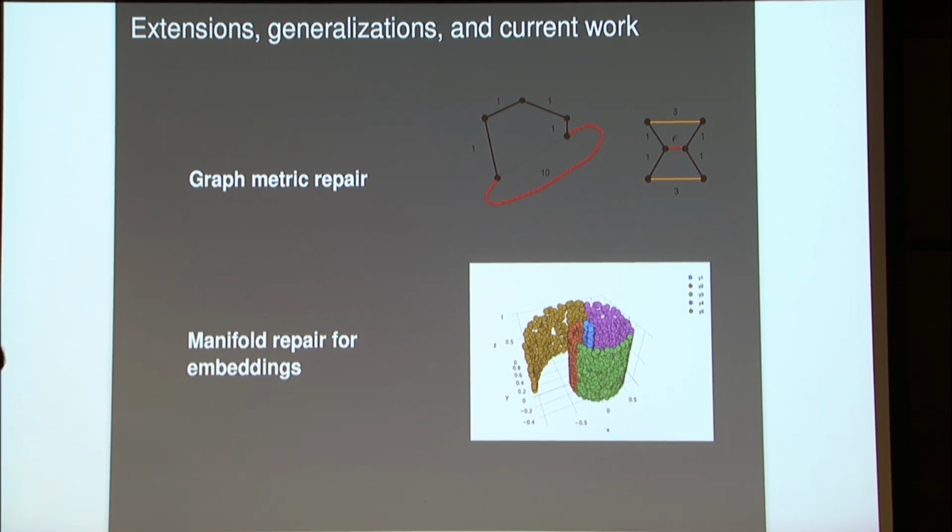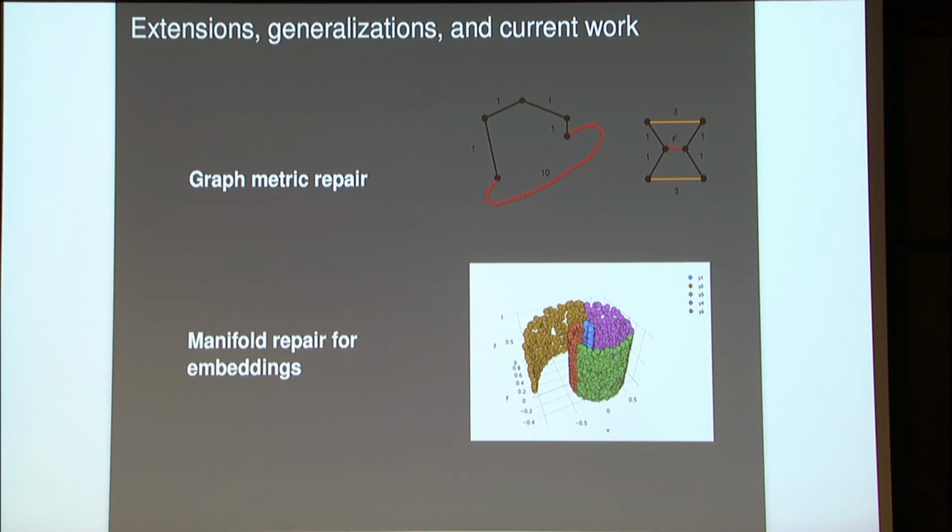And so we have come up with, there's a hardness result for the general version of this metric repair, graph metric repair. It says if you allow any positive increase in the weights, even a single number, the problem becomes NP complete. So it's not simply allowing all possible positive numbers, but any single positive value sort of breaks the easiness of the problem.